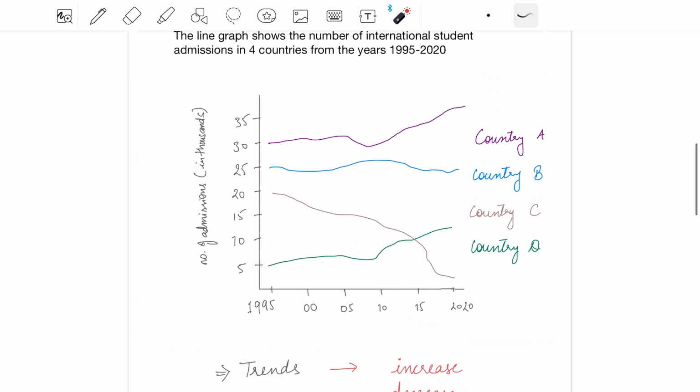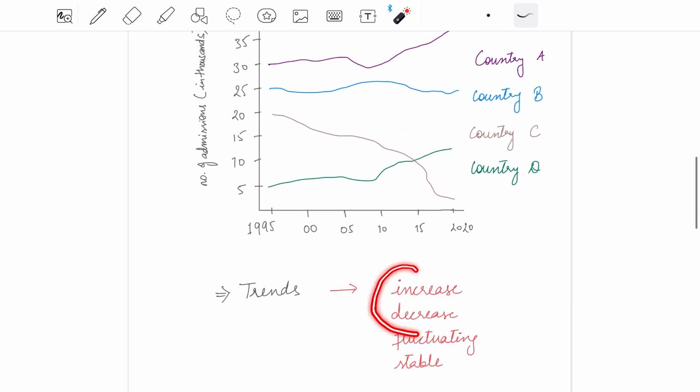Now here we can see that there are certain countries such as country A where admissions are increasing, and in case of country C we can clearly see the admissions are decreasing. So we have to use these words and their synonyms when we are writing our main body paragraph and even in our overview statement.